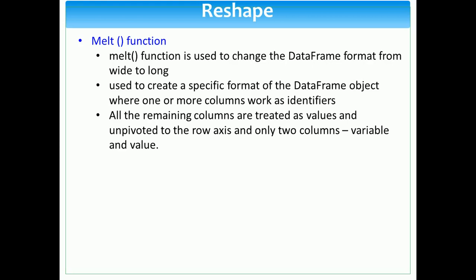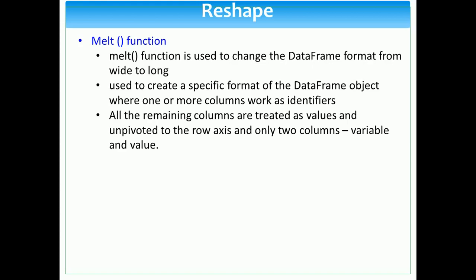So in simple words, melt is a function used to change the format of the data frame. And then you are trying to have only two columns because you are going to unpivot it, so you have variable and value.